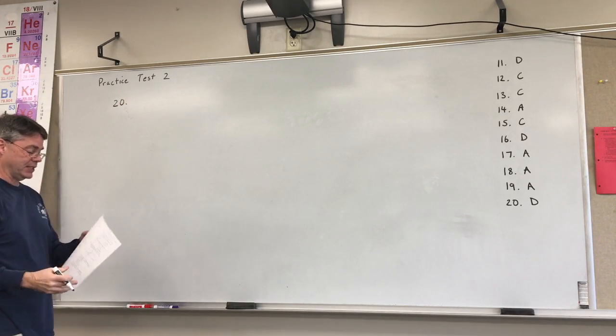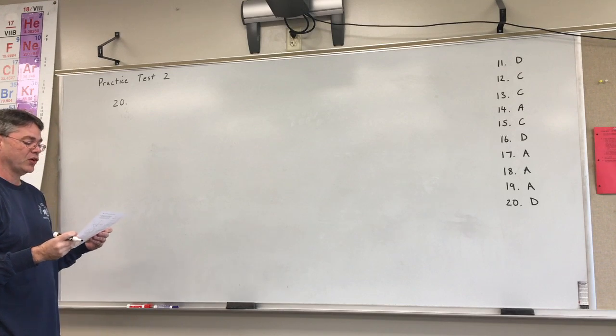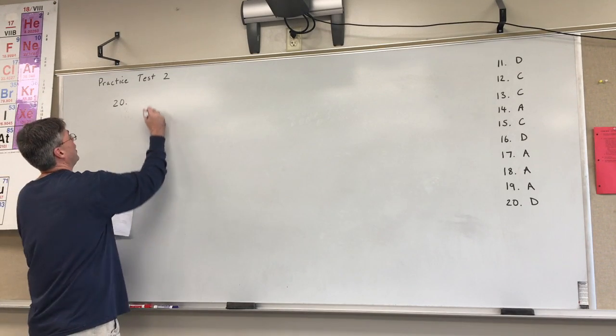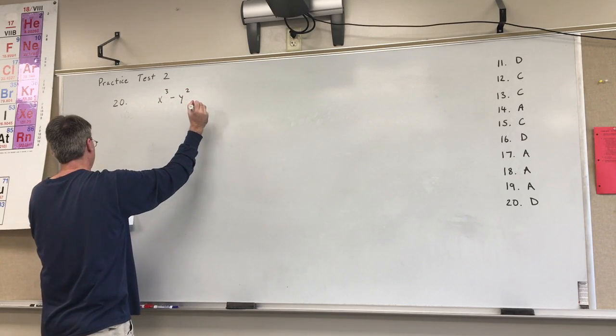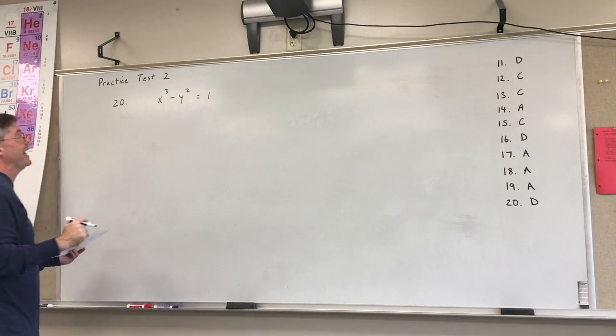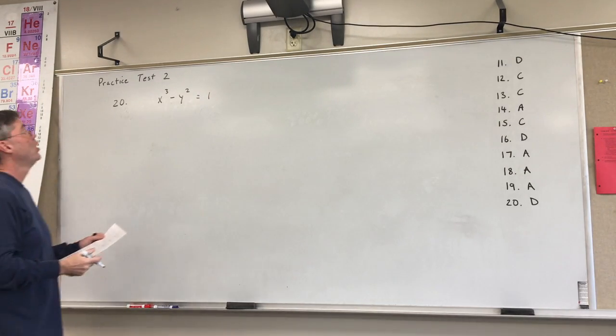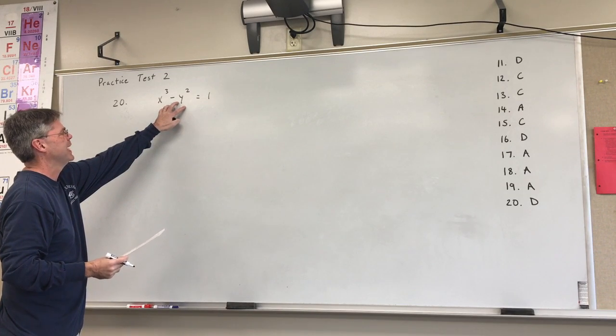You guys are fast. Number 20 says, what is the slope of the tangent to the curve x cubed minus y squared equals 1? We want to know the slope at x equals 1. So we're also going to have to find the y value to get that.